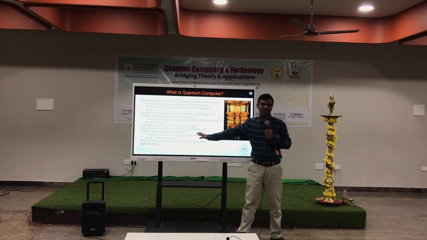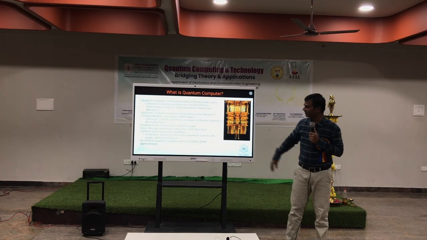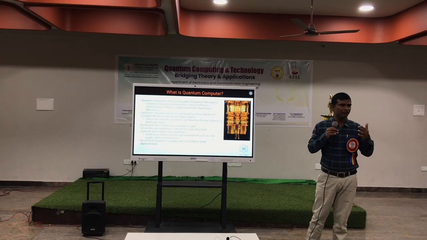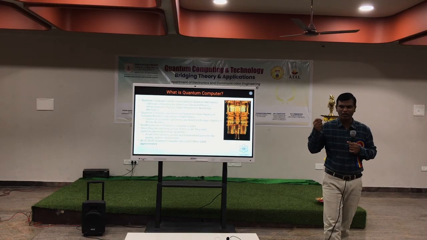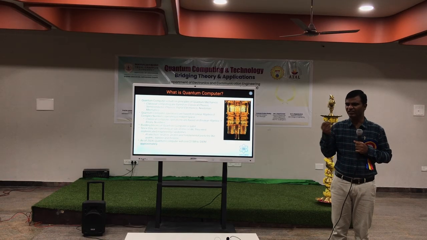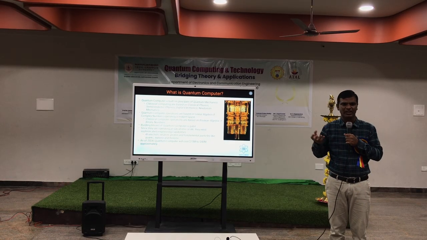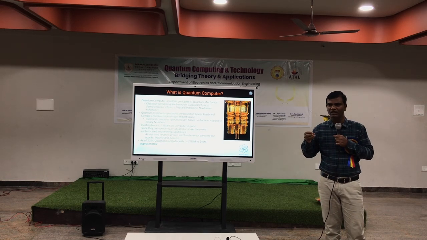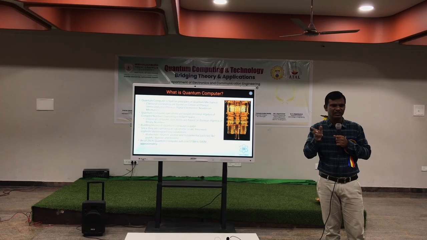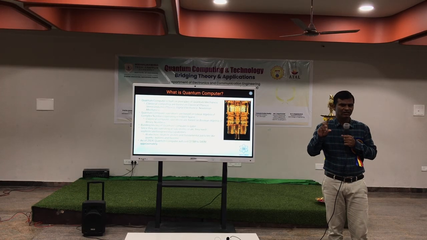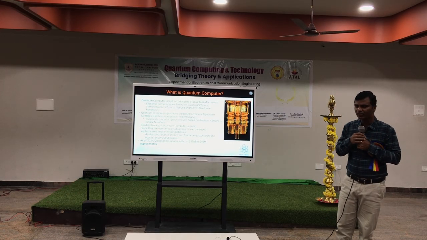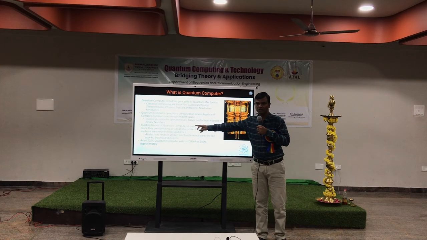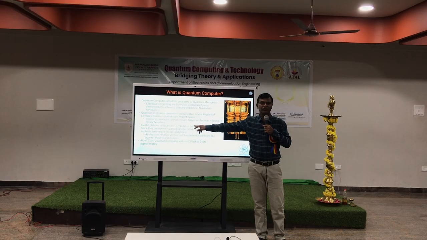And what about the fourth one? Here we are dealing with things at a subatomic level, which means even a small change in the ambience, like temperature or some magnetic fluctuations, or any small change in the ambient conditions, has a huge impact on the qubit, so that it can lose its information.